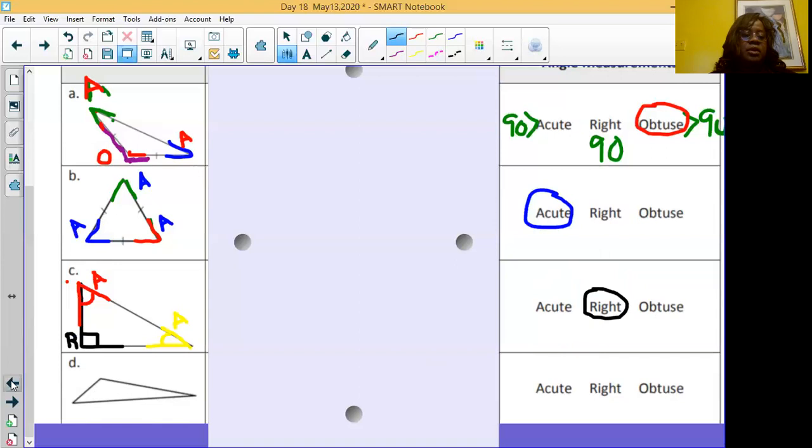So draw your triangle if you don't have it on the page, and look at your angles. Okay, let's look at what you have.